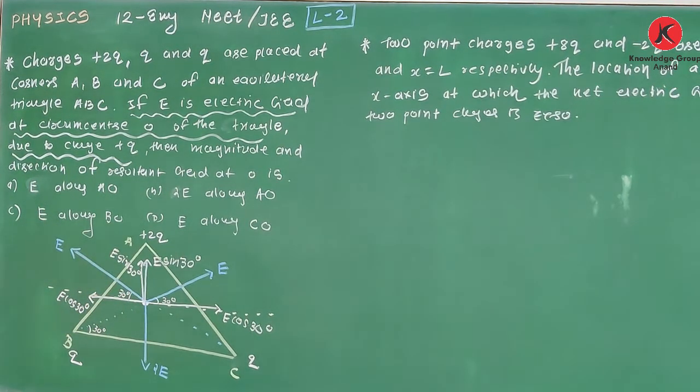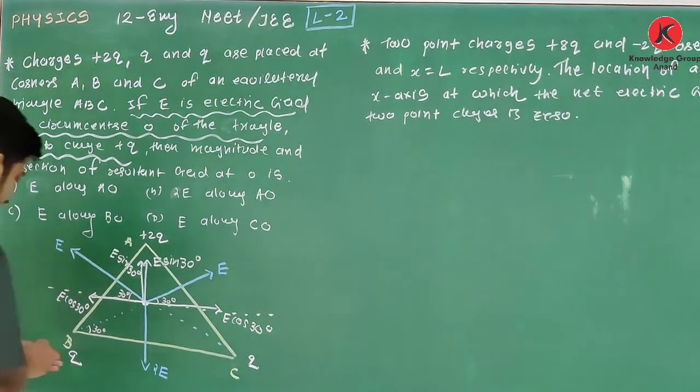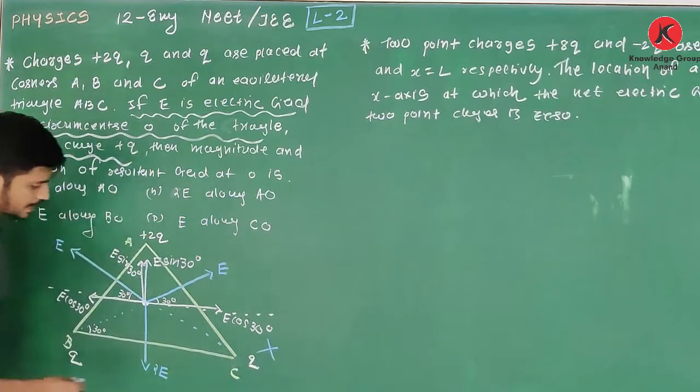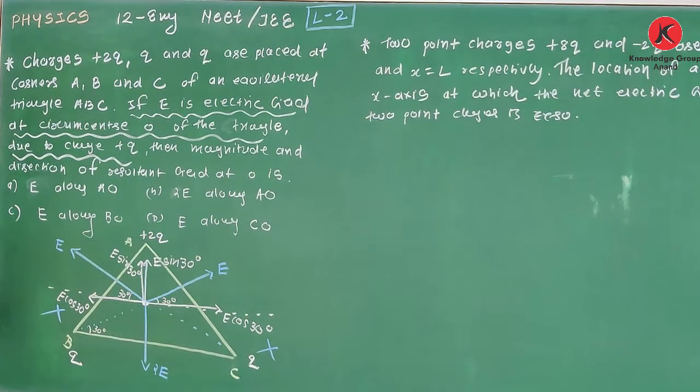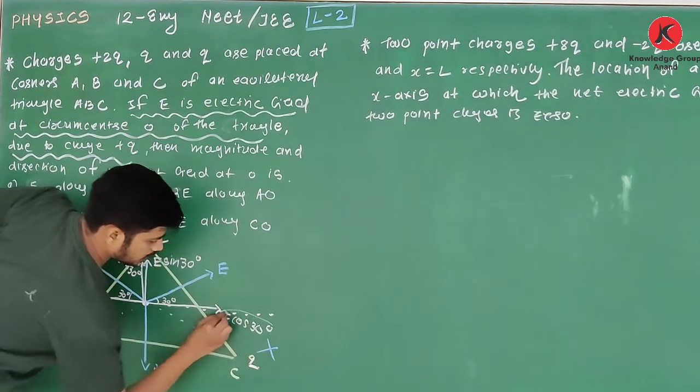We have resolved these two vectors. Now, this E cos 30 and this E cos 30 are of equal magnitude and opposite direction, so they cancel out each other.